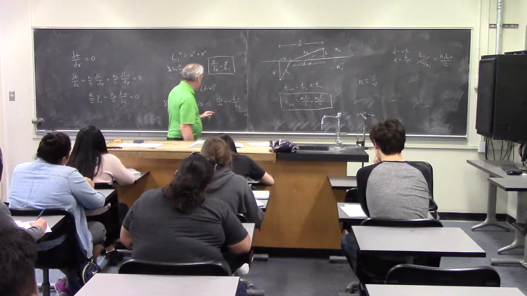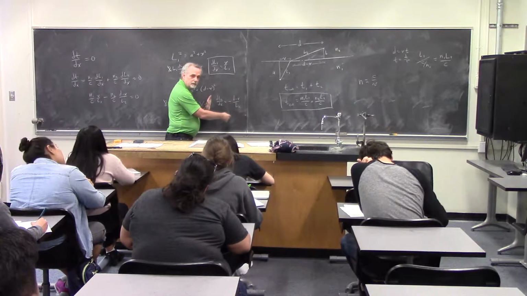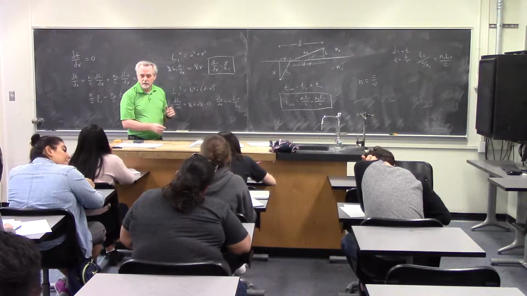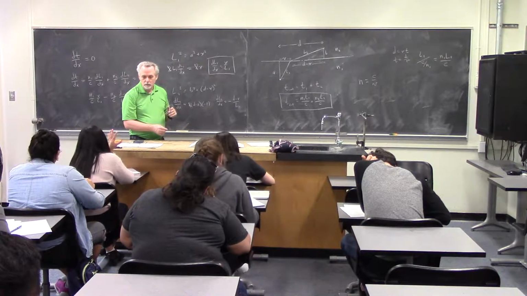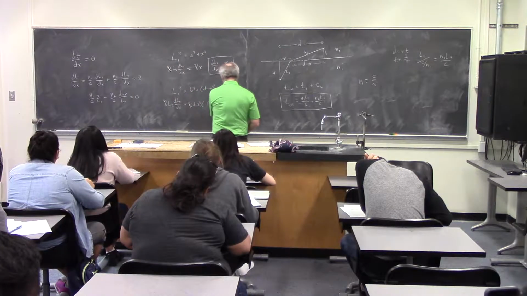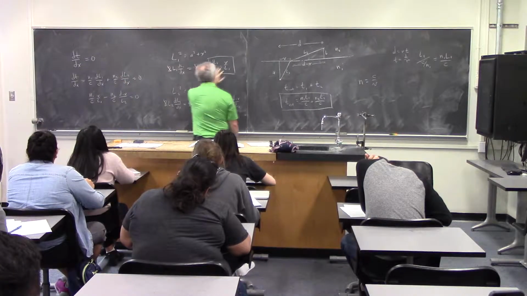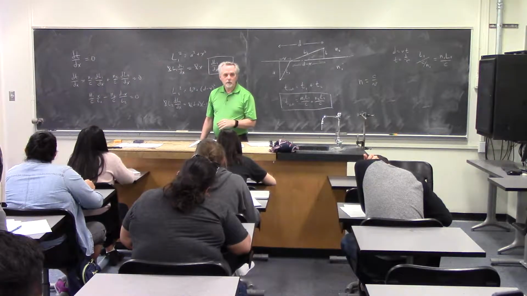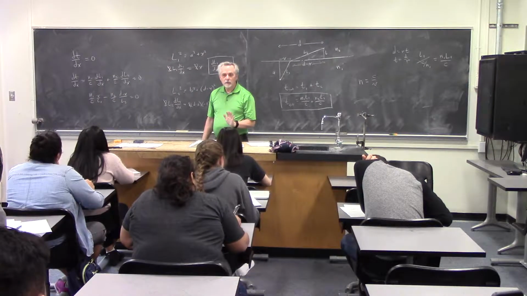Do you see where I got this? I took this answer and plugged it in for that, and I took this answer and plugged it in for that. Are we good?